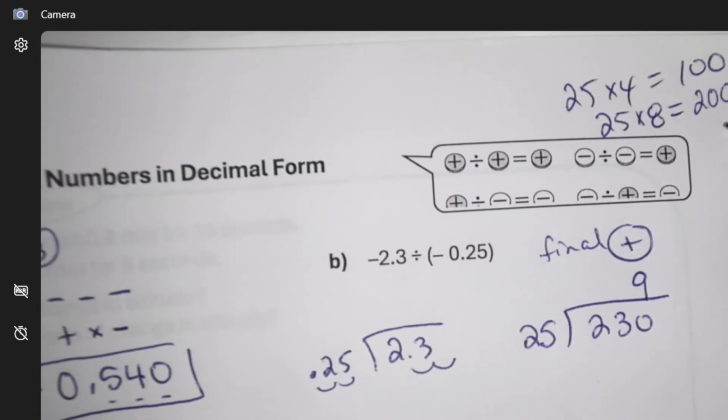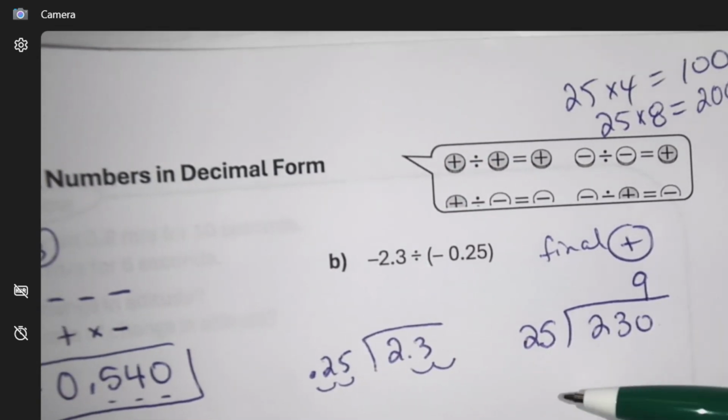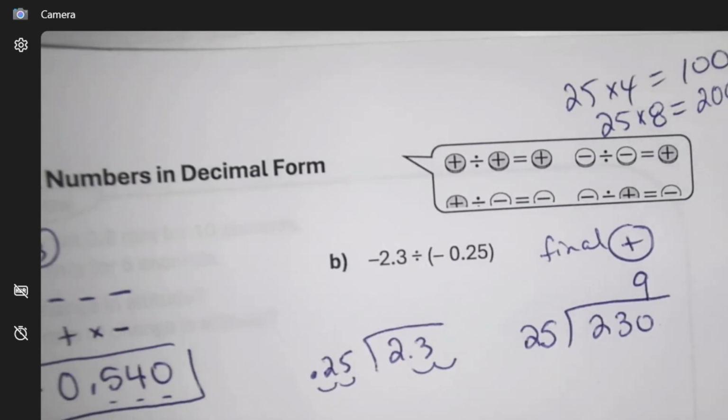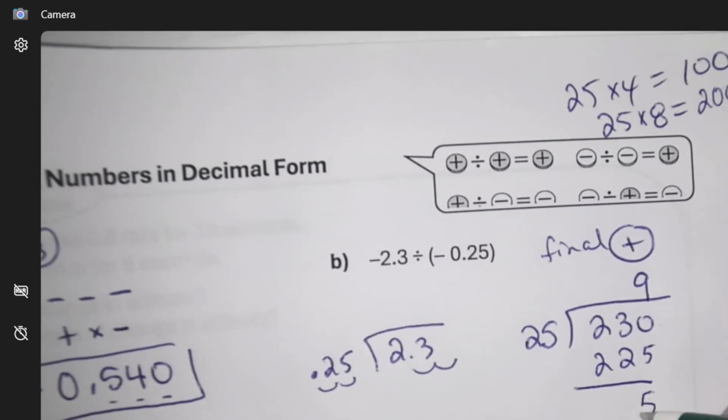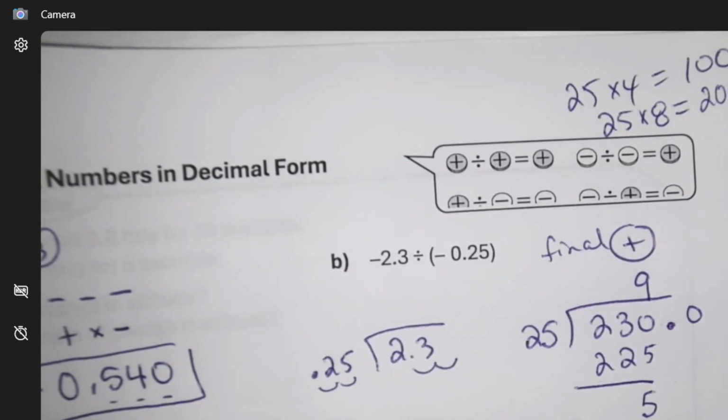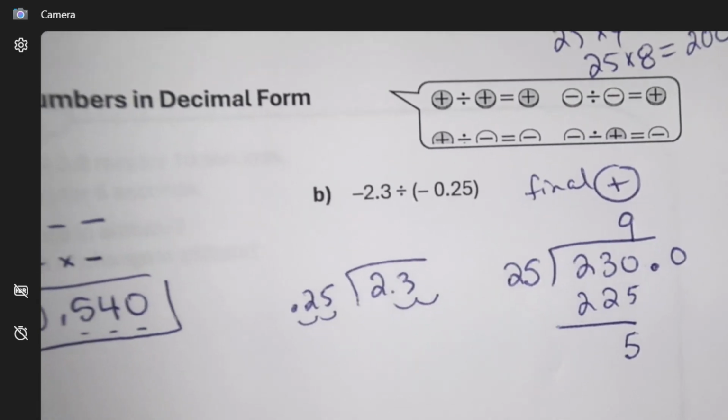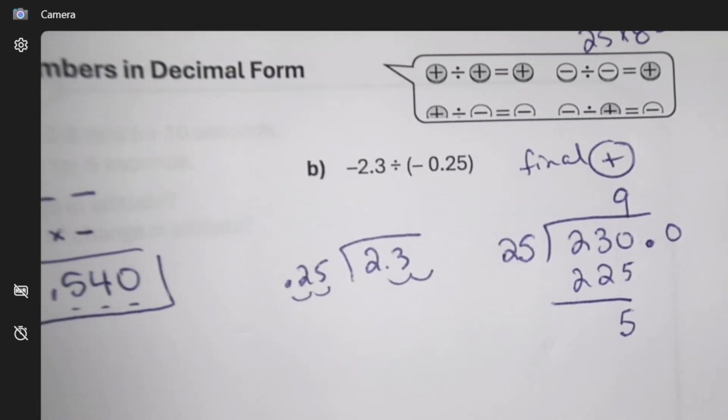So what are we up to if we have 9 times 25? 225. So that leaves me with 5 left over. I don't have anything to bring down. So what could I do? I could add a decimal and a 0, because you're not changing the value of anything.